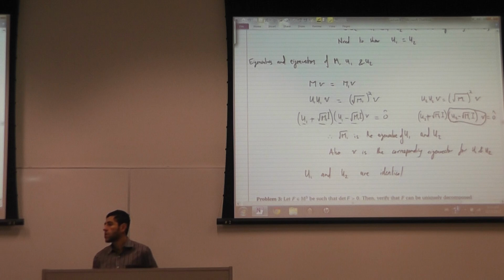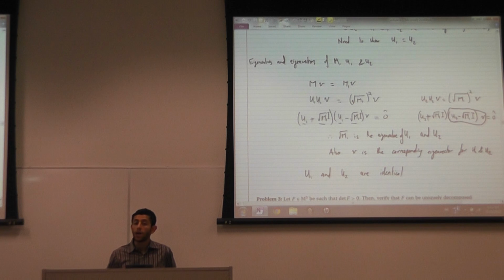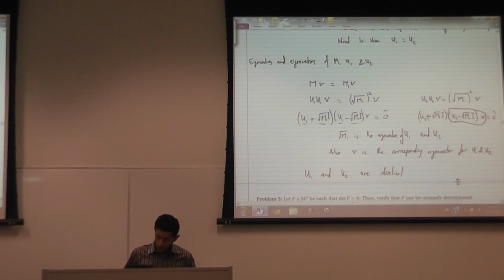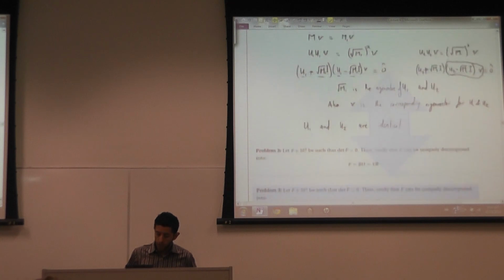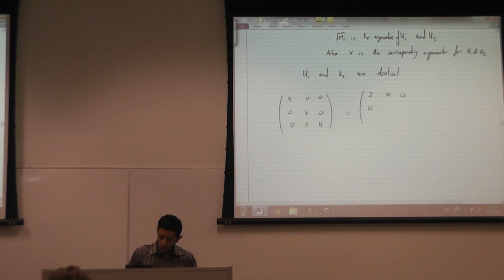Which means I can only find one positive square root of a positive definite symmetric matrix. Now I can find other square roots, but only one is positive definite. The matrix 4, 0, 0, 0, 4, 0, 0, 0, 4 is equal to one positive definite symmetric matrix squared.